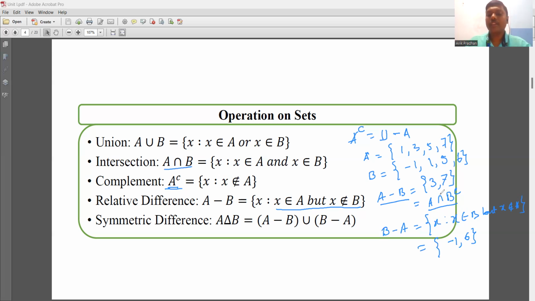A minus B is all those elements of A which do not belong to B, and B minus A are all those elements of B which do not belong to A.